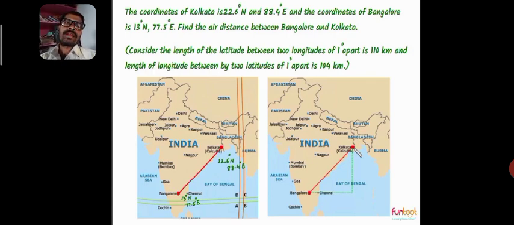Instead of that, we also call them abscissa and ordinate simply. X coordinate is called the abscissa and y coordinate is called the ordinate. Now similarly, the Bangalore's point location is 13 degree north and 77.5 degree east.